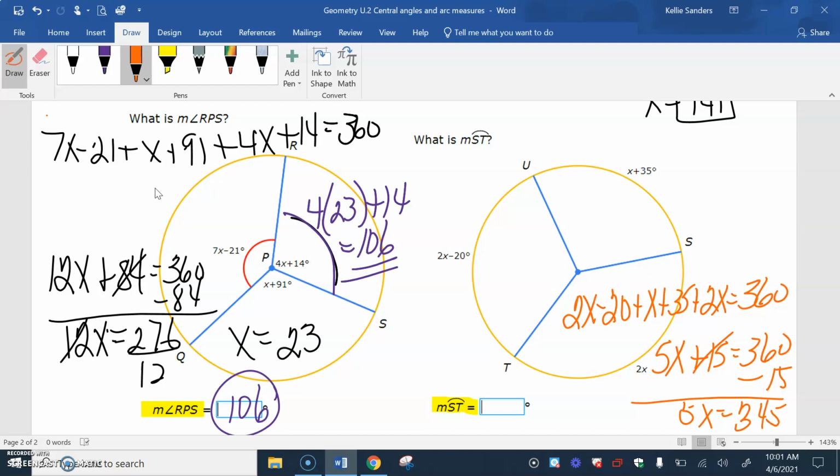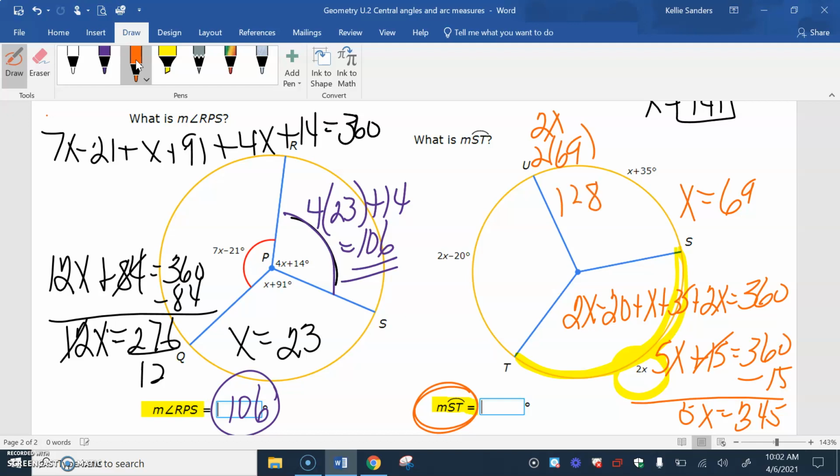Divide by 5. X is 69, but we want the measure of arc ST. We want this right here. And this right here is 2x. So if it is 2x, and I know that x is 69, we're going to multiply 69 by 2 and get 138.